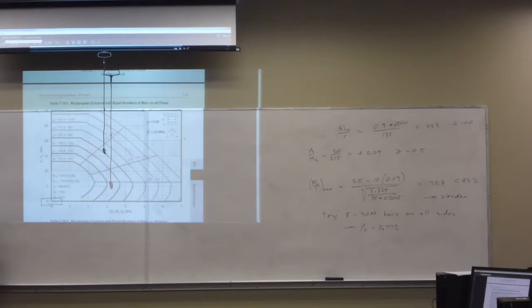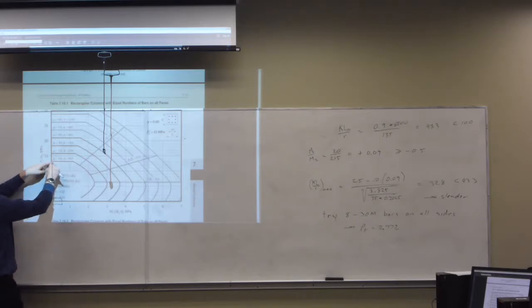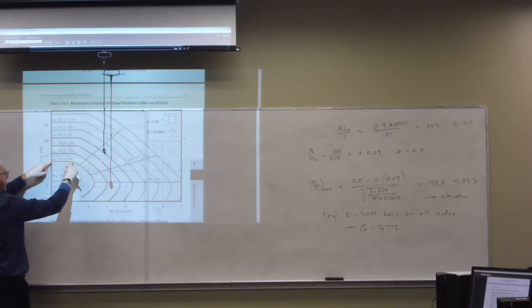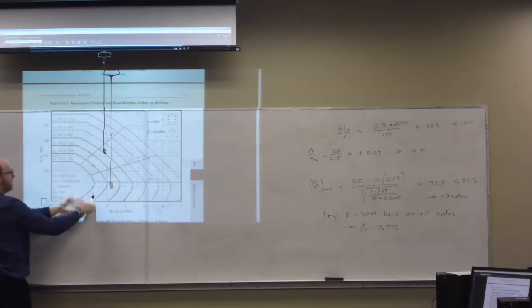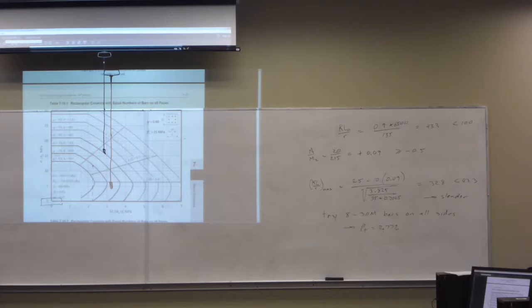You have to take a look at how much dead load you've got compared to how much moment, and make a judgment call. So what we've done here is almost double the amount of reinforcing based on axial load alone. If I take this curve here and double our reinforcing ratio, that takes us up to about here, which accounts for approximately a certain amount of moment on the system.